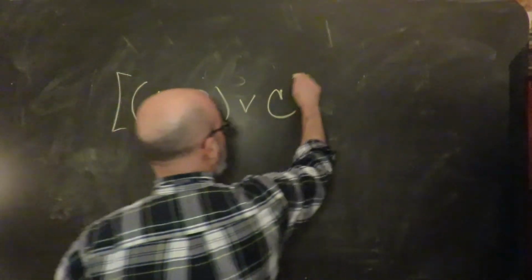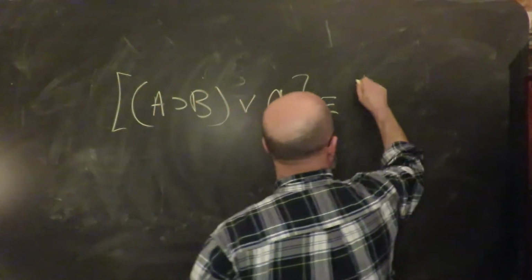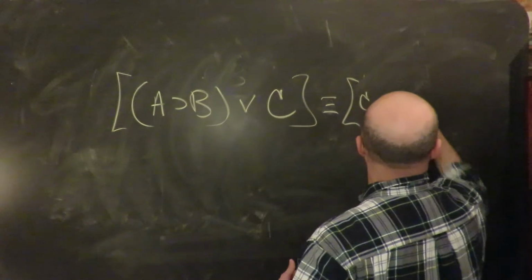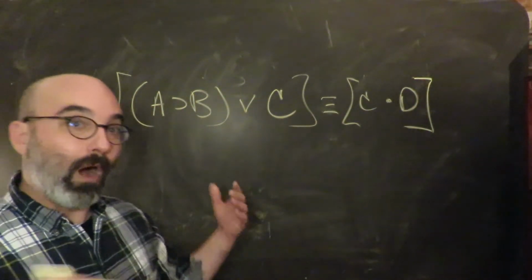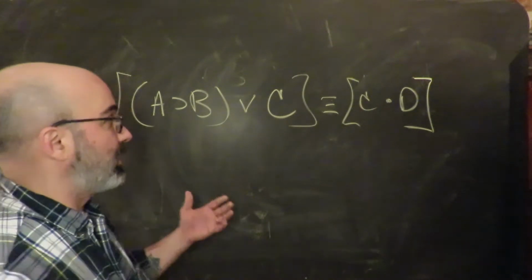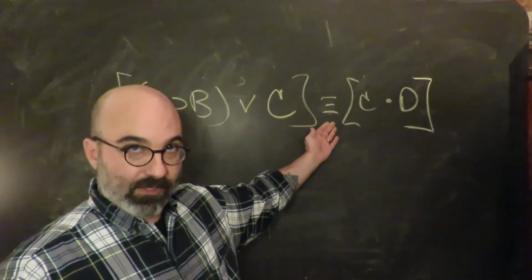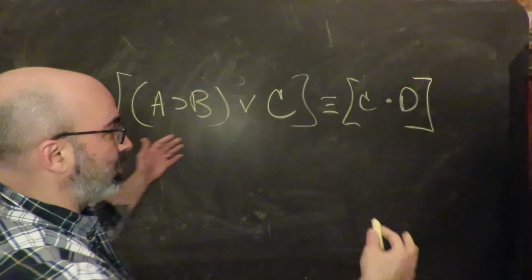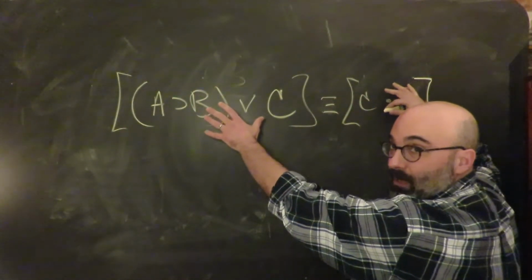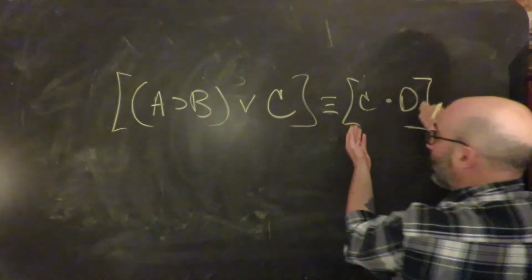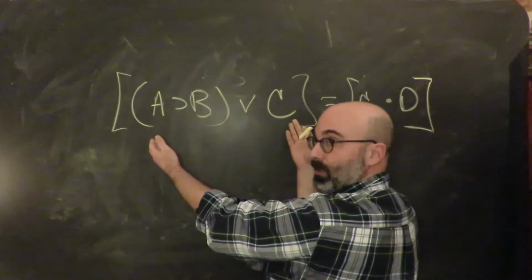So let's imagine that. Now, what is the overall form of this formula? A biconditional. It's a biconditional with two component propositions. One of them is a conjunction, the other one is a disjunction.